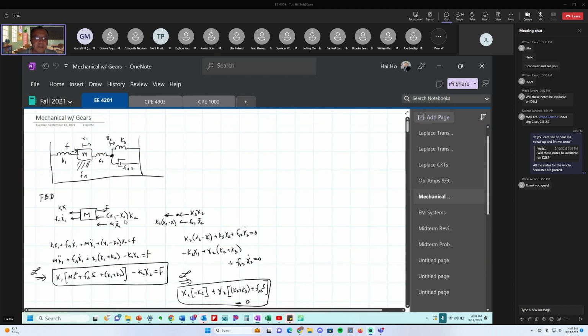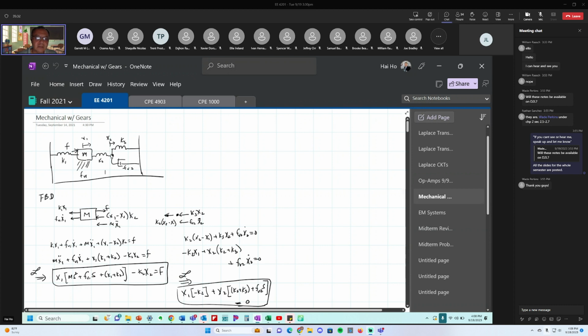Okay, let me explain one more time. You can make one of two assumptions. You can say, okay, x1 is going to move further than x2. That's one assumption. Or you can say x1 moves less than x2, which is where the spring is going to be stretched rather than compressed.